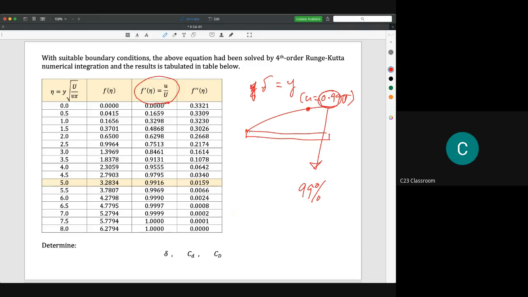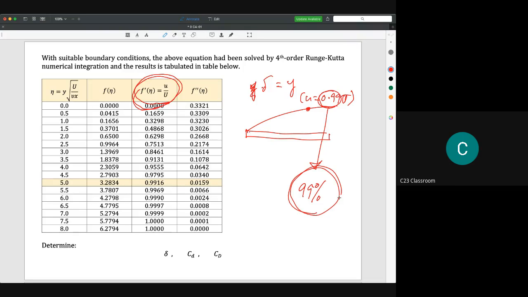To fulfill the Blasius idea, we need to find, in this u over U column, the value closest to 99%.